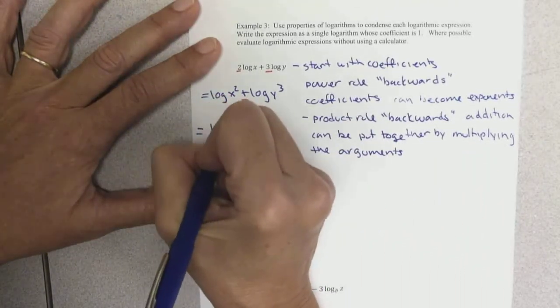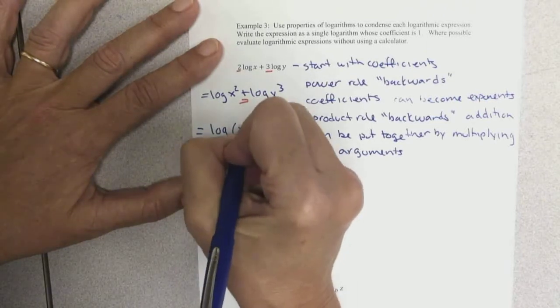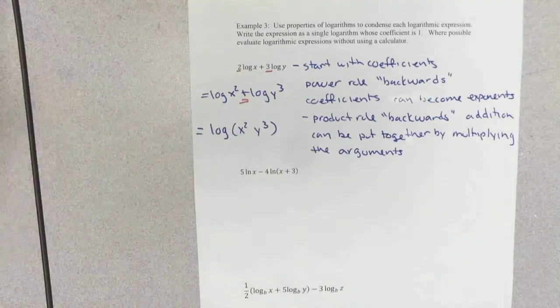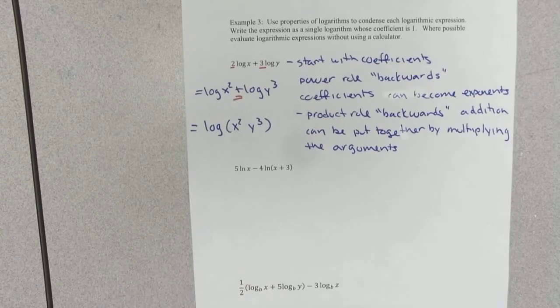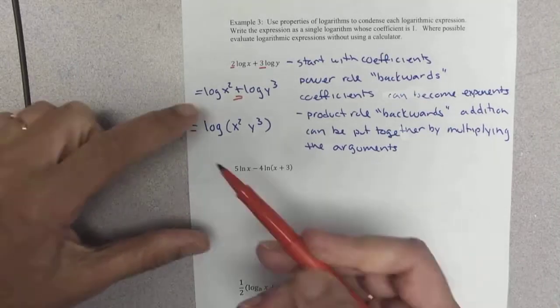And so this becomes log of x squared y cubed. The parentheses there are somewhat optional. And so we have condensed that. That's what they wanted.